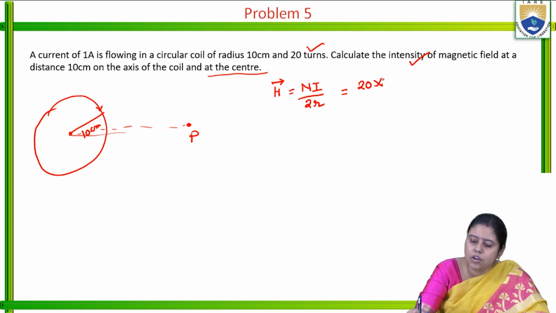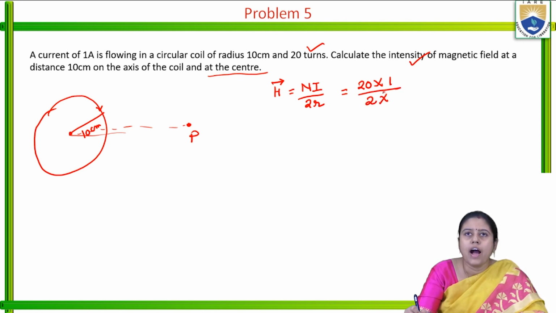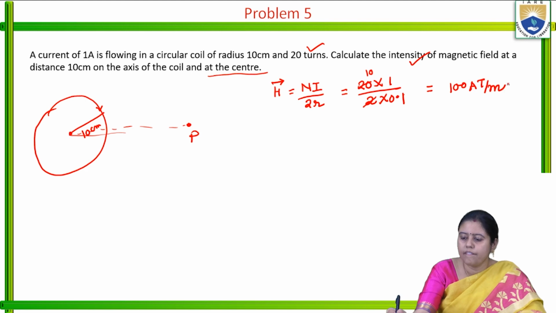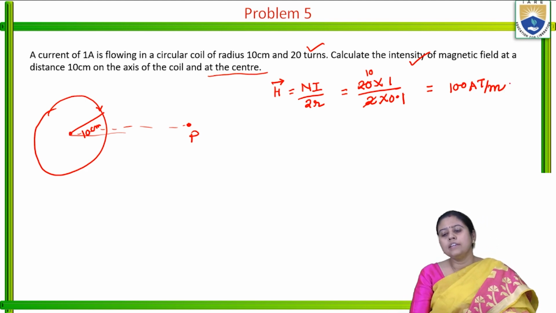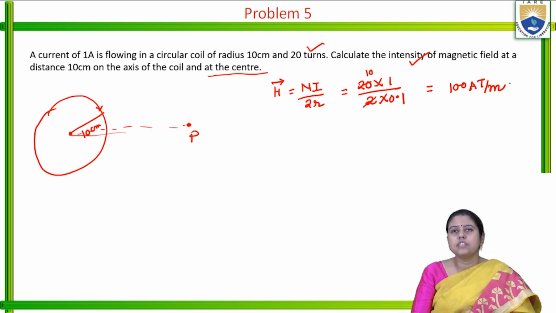So 20 into 1 ampere by 2 into R. R value is given as 10 centimeter, which means 0.1. So it is coming 100 ampere turn per meter. So this is the H.